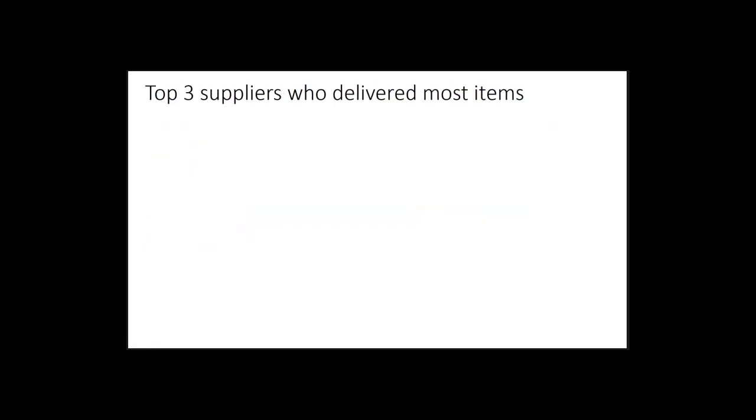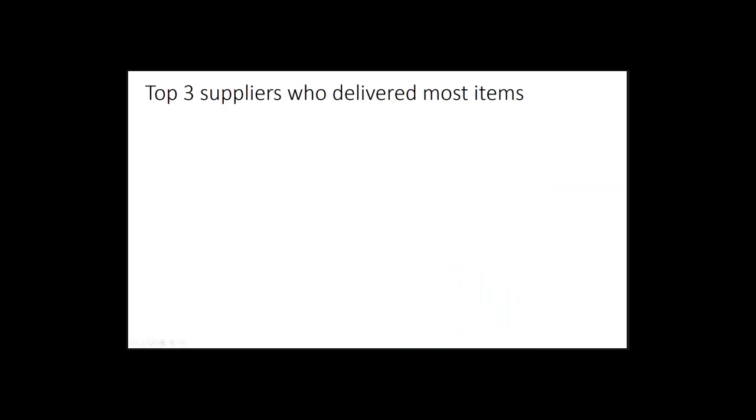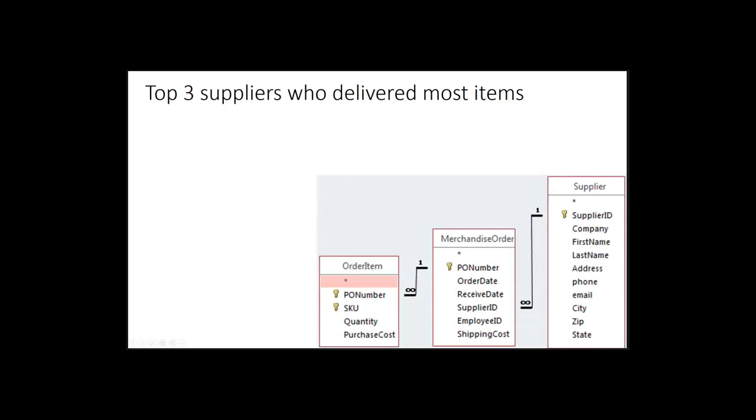Now if you're going to show the 3 suppliers who delivered the most items, the tables we need are supplier and merchandise order, and then the quantity of the items on those orders, so we need the order item table as well.